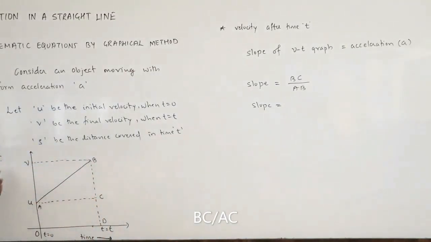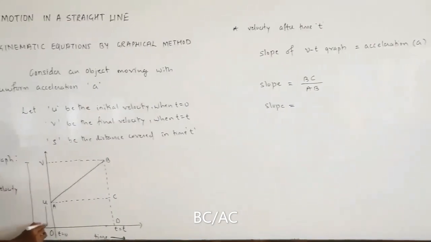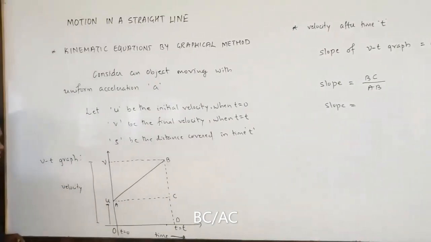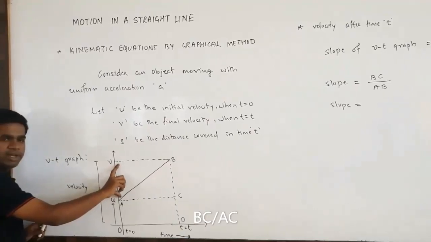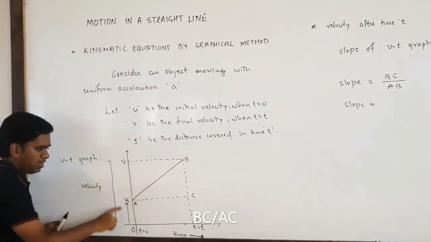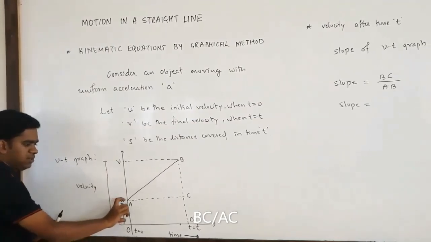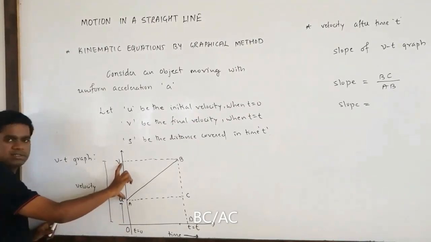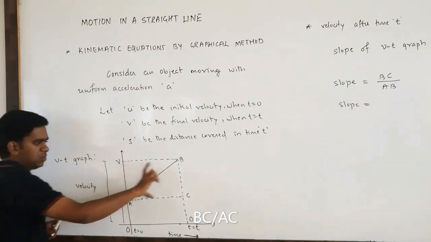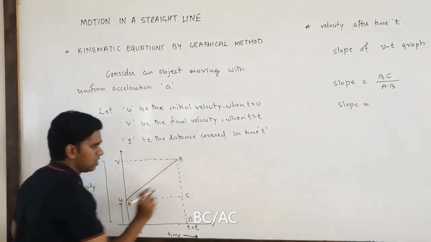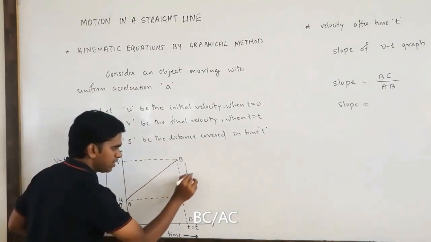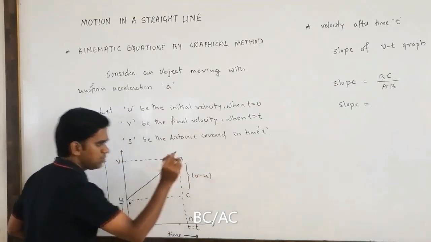See here, from here to here it is V. From here to here it is U. Can you write this as V minus U? Total is V, subtract U. So you will get this distance. This is V minus U.